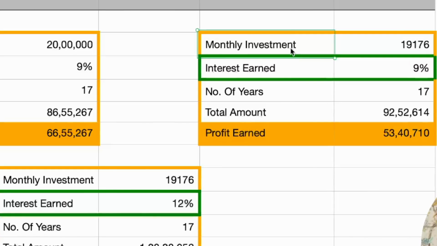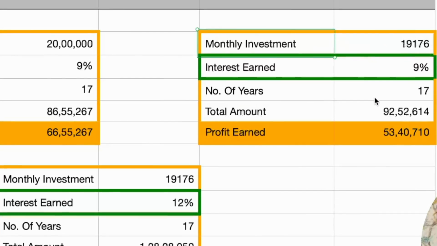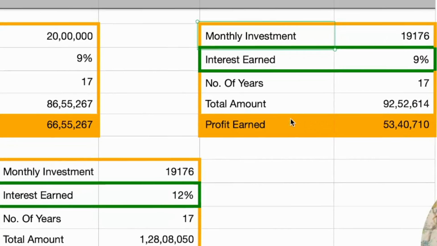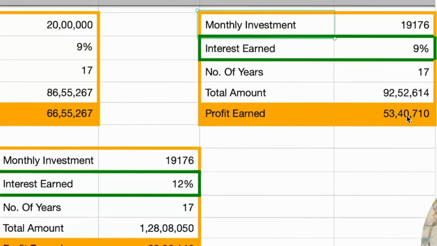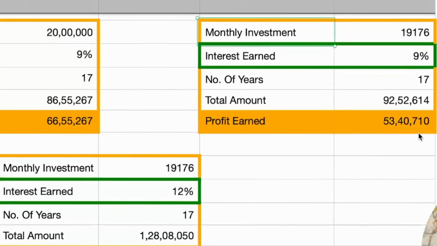I'm not talking about any other investment asset class which might give you 12 to 15% return, but for the sake of discussion, I'm just saying that he has just kept it in a bank, right? So he has done a recurring deposit and he's earning an interest of 9%. So at the end of 17 years, he would have earned a profit of 53 lakhs and 40,000 rupees, right?